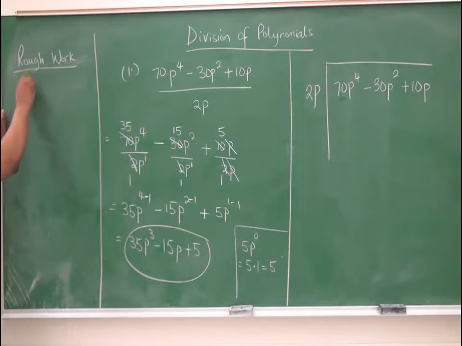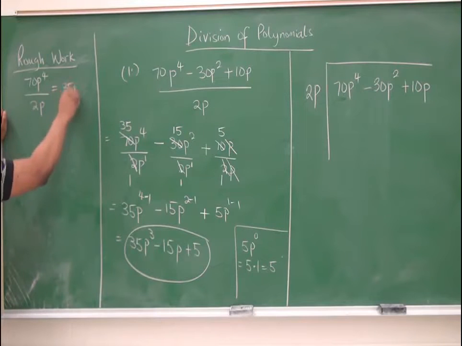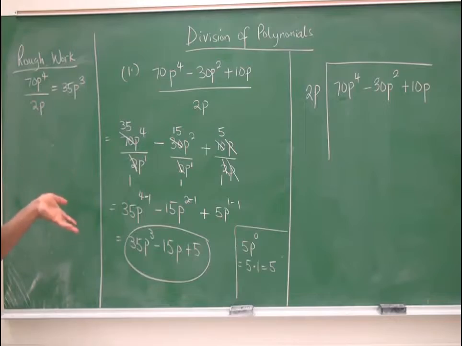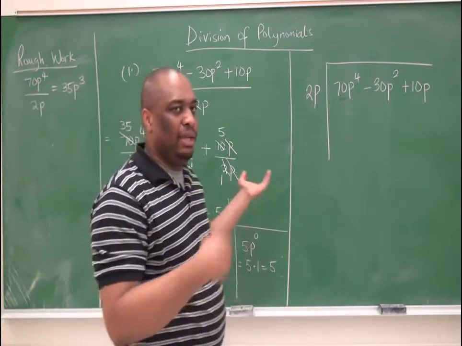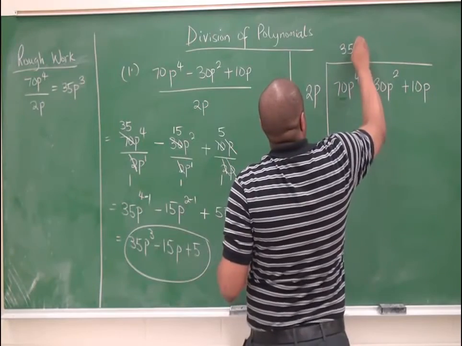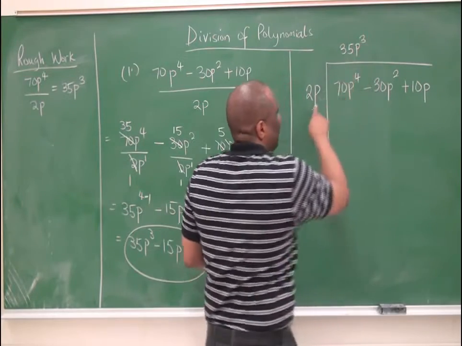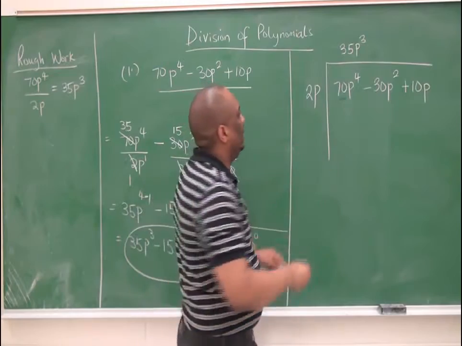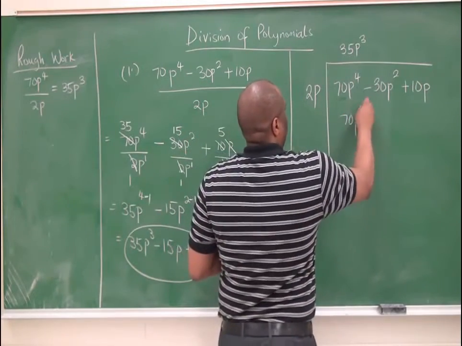So 70p4 divided by 2p. And this will give me what? 35p cubed. So it's still like the same process actually. You know, you divide and then you multiply. So this is 35p cubed. And you do 35p cubed times 2p gives you 70p4.